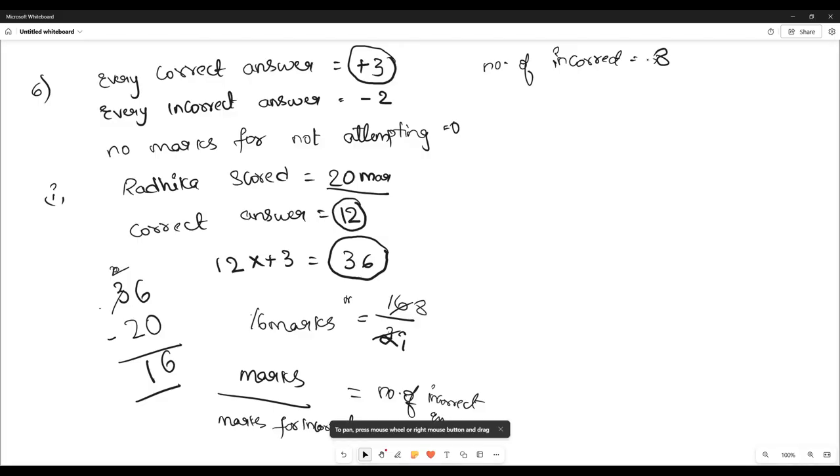The second question they have given is about another person, Mohini. Mohini scored minus 5, which is less than 0, in the test. She got 7 correct answers.